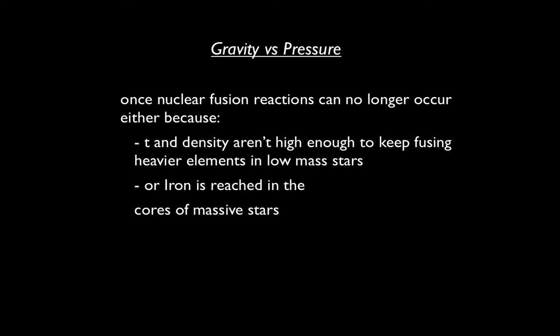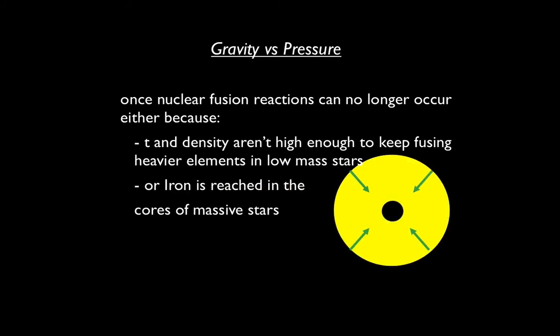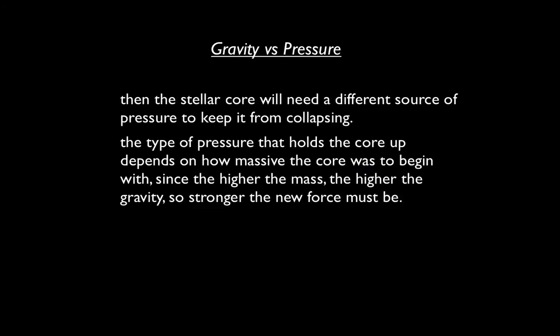Once nuclear fusion reactions can no longer occur, either because in low-mass stars the temperature and density aren't high enough to keep fusing heavier elements, or in massive stars you've reached iron in the core, and that can no longer be fused in an energetically favorable way, then the stellar core is going to need a different source of pressure to keep it from collapsing.